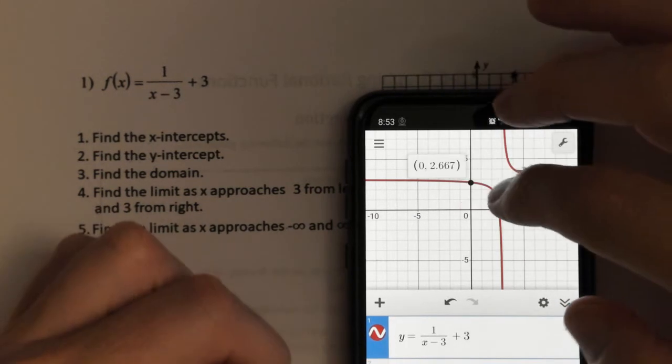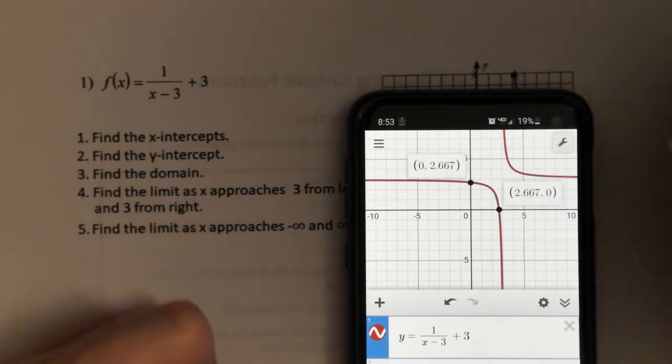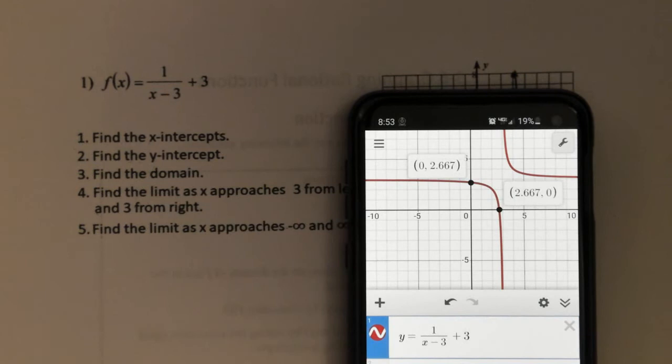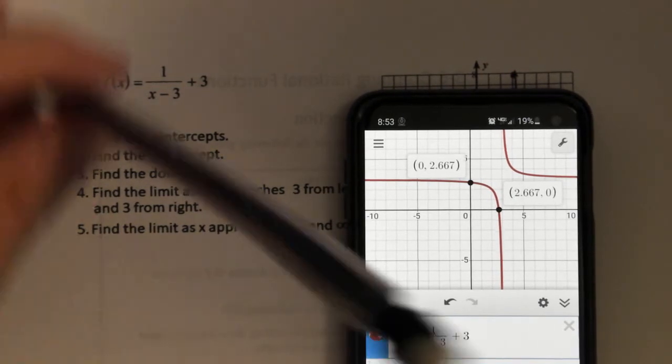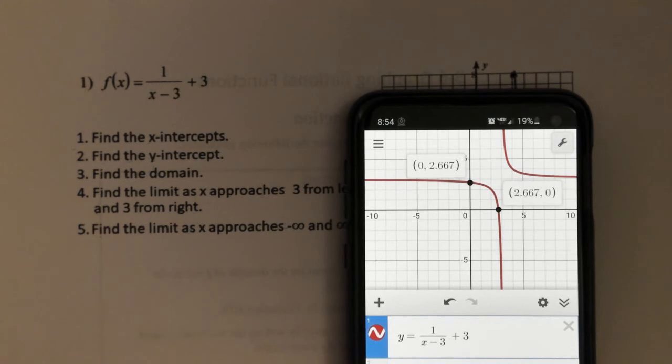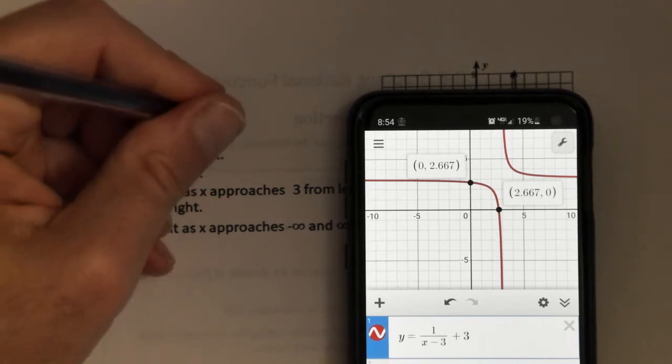And so I'm going to push this, and then that's going to give me my x and my y-intercept of this thing. All right, so now the x-intercept is 2.667, and so more than likely you're going to see that listed as 8 over 3.